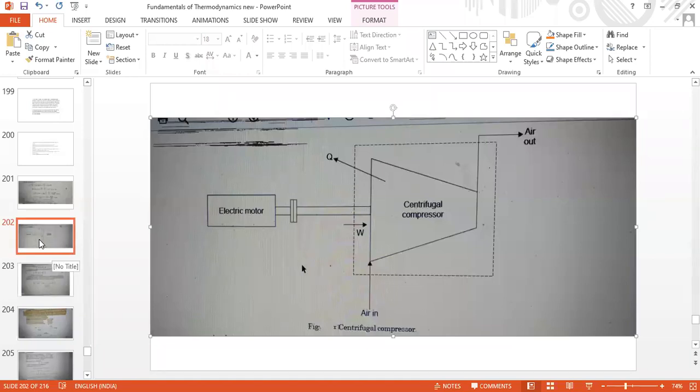We discussed the usage of compressed air for inflating the tires of automobiles or cars. We use compressed air there; they store compressed air in some vessel called a receiver.